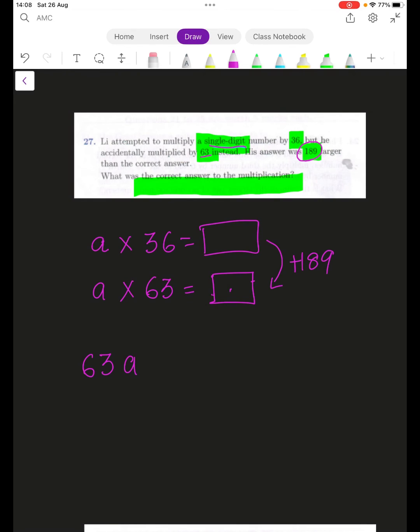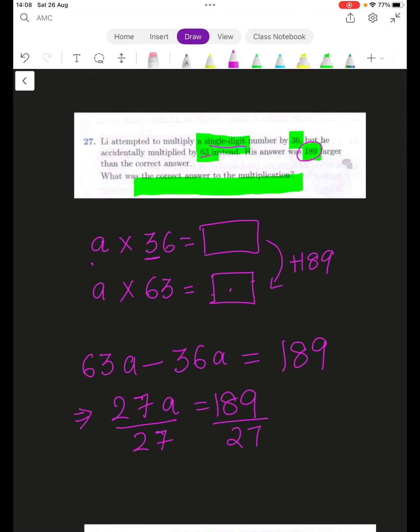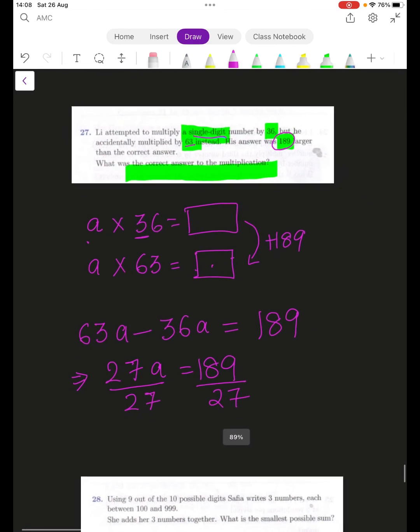So we know that this answer, 63A, if we take away the calculation from before, that must lead to 189, because this was the difference between the two answers. 63A minus 36A is 27A equals 189, and now we can divide both sides by 27.